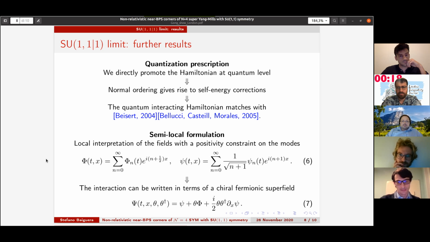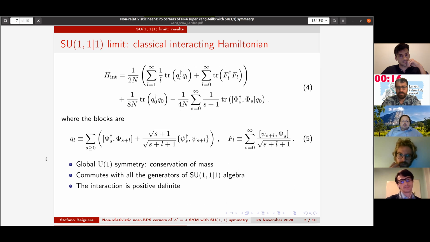Yes, this part is quartic, and everything is quartic because it is a square of blocks that are quadratic in the fields. Oh, okay. We actually run out of time.